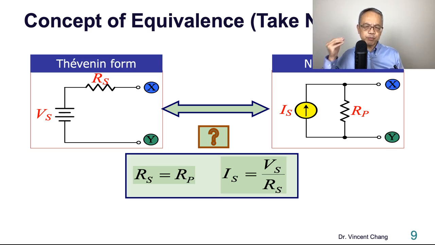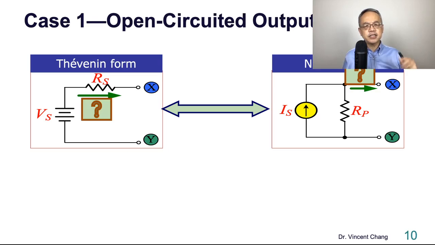Not just help you prove this, but get a deeper understanding of the equivalence of these two forms. Let me ask you, what do you mean by equivalence? The equivalence of these two forms means in any output condition, these two forms can be equivalent as long as we follow the two equations.